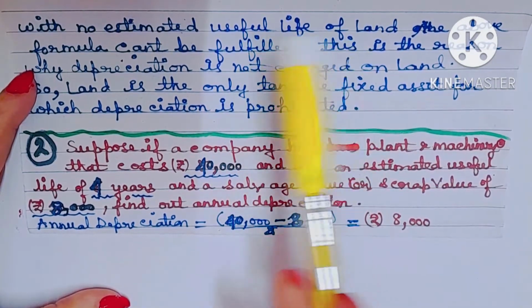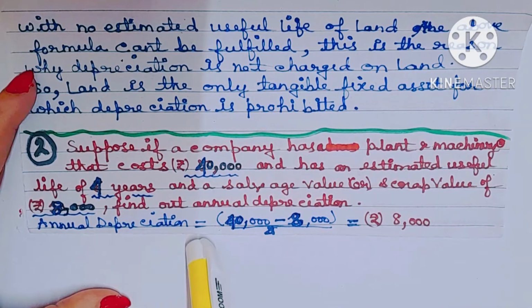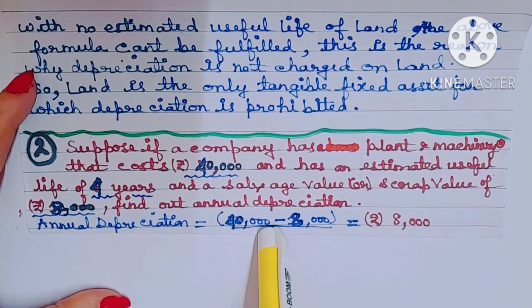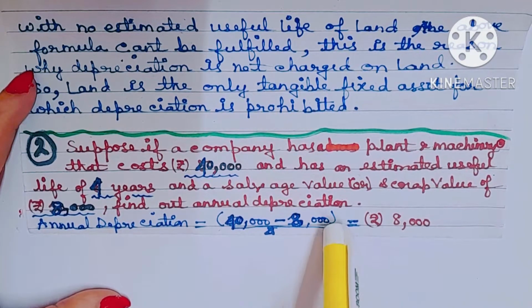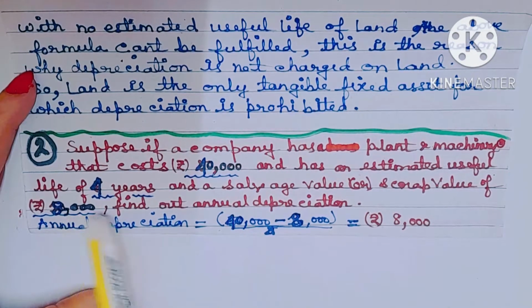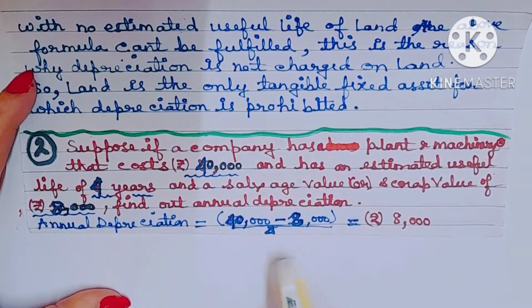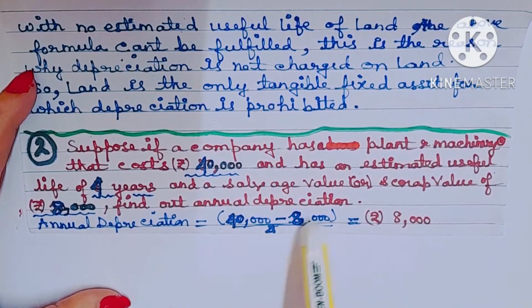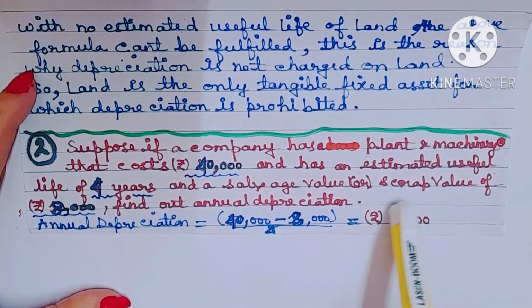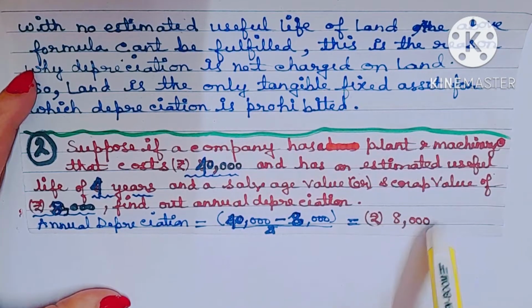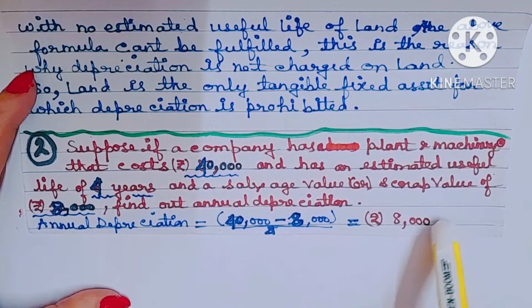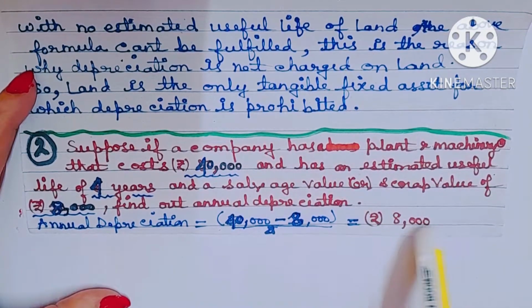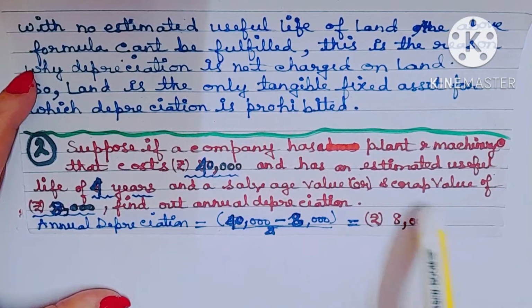Just applying this formula, annual depreciation is equal to cost of fixed asset, that is rupees 40,000, minus estimated scrap value or salvage value, that is rupees 8,000 given, divided by estimated useful life, that is also given, 4 years. So you'll get rupees 8,000. So every year you have to charge rupees 8,000. This is the annual depreciation of a plant and machinery or any fixed asset.